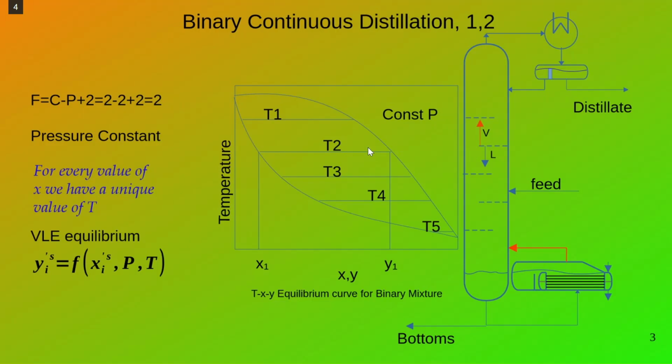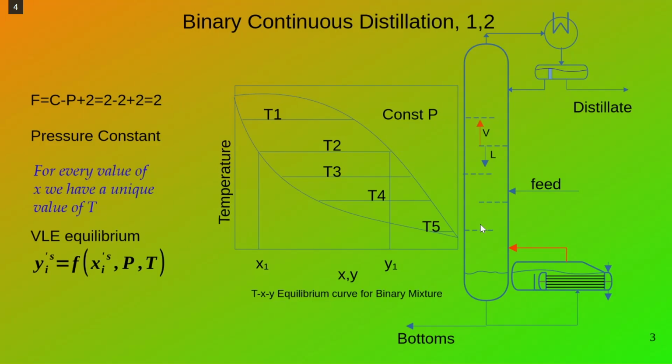As I said, the concentration is fixed, therefore x1 is fixed and y1 is fixed on T2 by rules of equilibrium. So, when a column is running in steady state, we have a steady temperature on each and every tray.